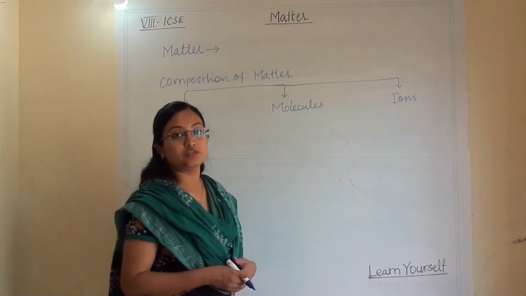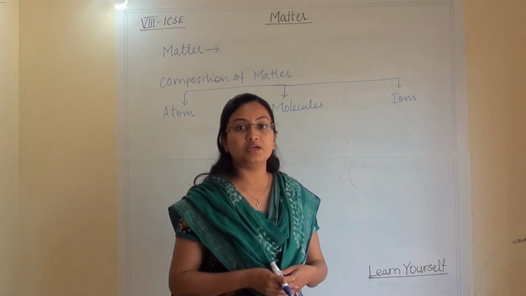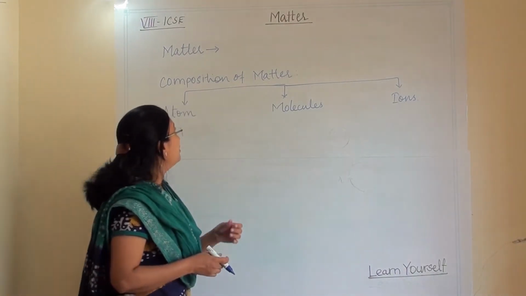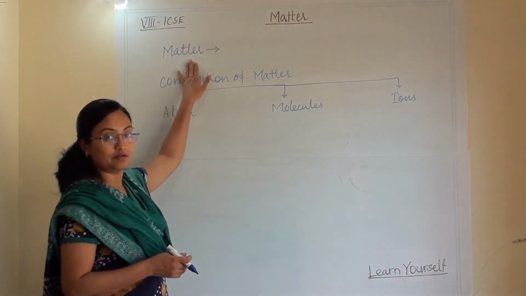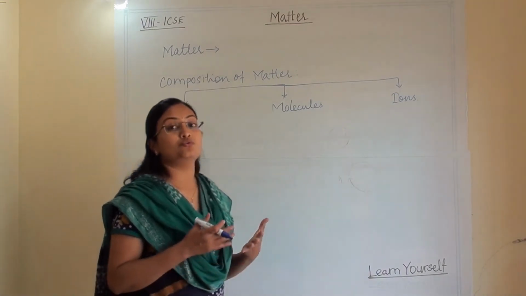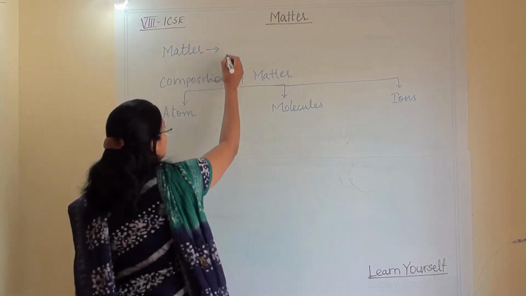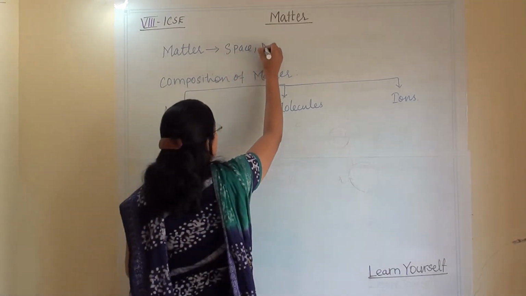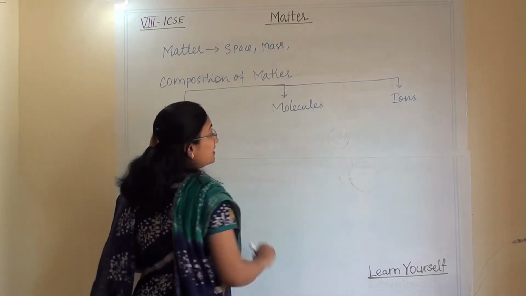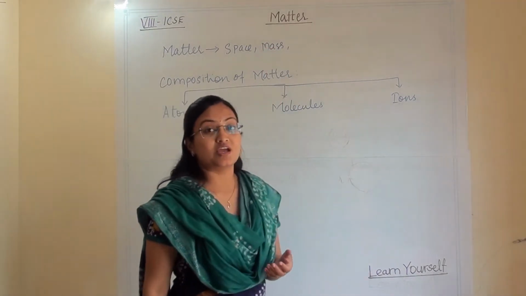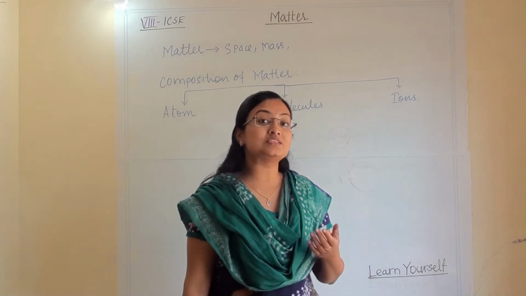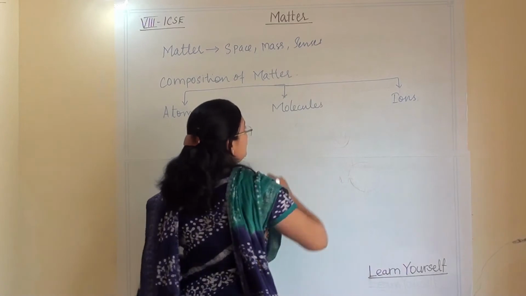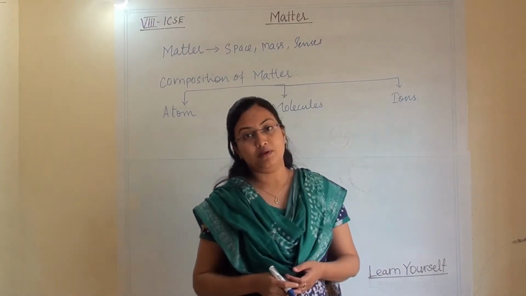Let us start with our very first topic, matter and composition of matter. So we all know what matter is. Anything that occupies space, has mass, and one more thing, can be perceived by our senses, is known as matter.